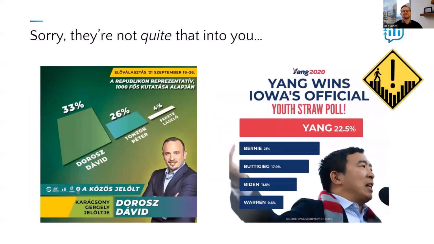Well, I see this a lot, and I don't mean to poke fun at people, but there is certainly the case that politicians do tend to exaggerate the views. We can find people all over the spectrum in every country doing similar kinds of things. On the left is a politician, I believe from Hungary. You can see his bar, or trapezoid maybe, of 33% is quite a bit larger than his, I guess, next opponent, 26%.